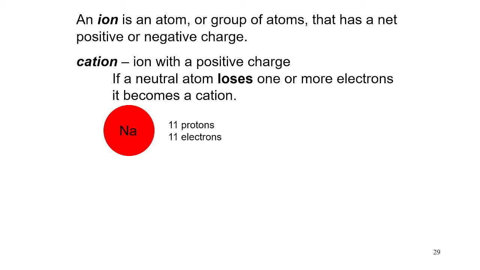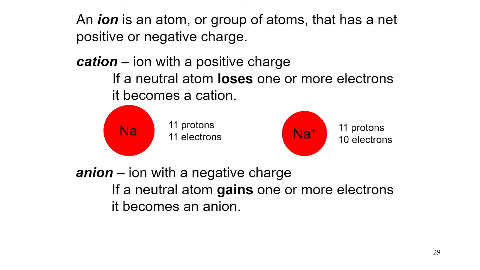In neutral state, sodium metal has 11 protons and 11 electrons. If mabawasan siya ng electron, siya ay magiging Na+. So, makikita natin dito, nabawasan ng electron, naging positive. Kaya siya naging positive. So, another classification of ion is anion.